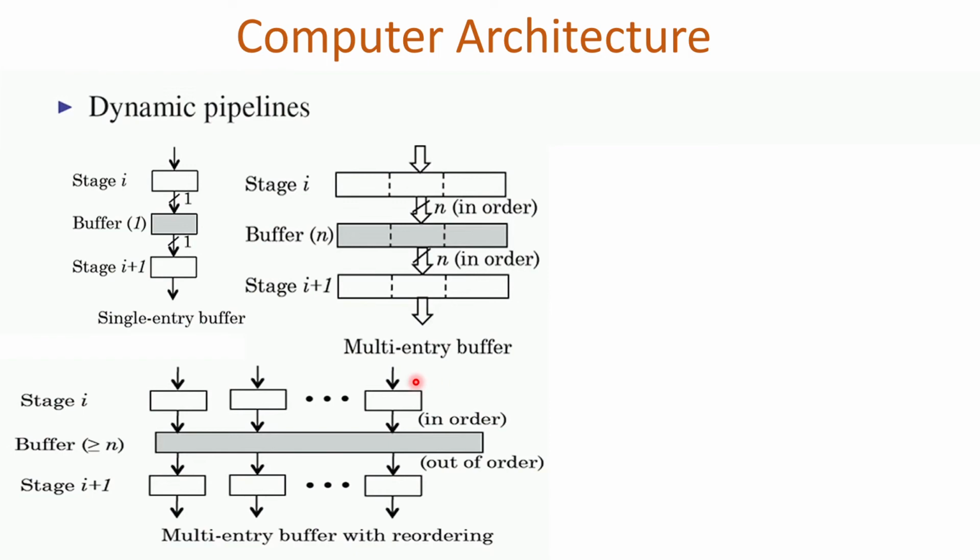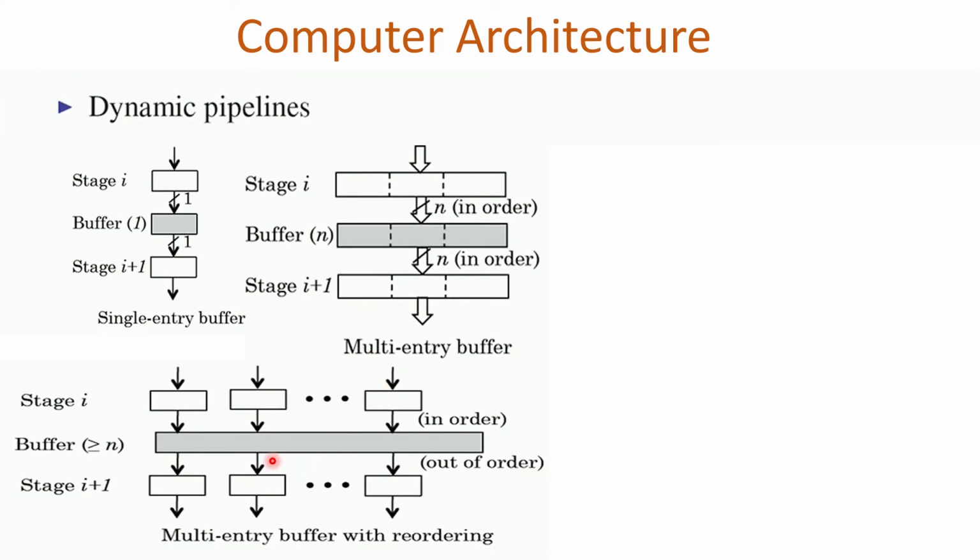Now when they get stored in the buffer, I have given that the buffer entries should be greater than or equal to n. What I mean is that when you pass the instructions from the previous stages, it is not possible that all of them are independent of each other. There will be some instructions which are independent, and some which are dependent on a previous instruction, or on which some next instruction depends.